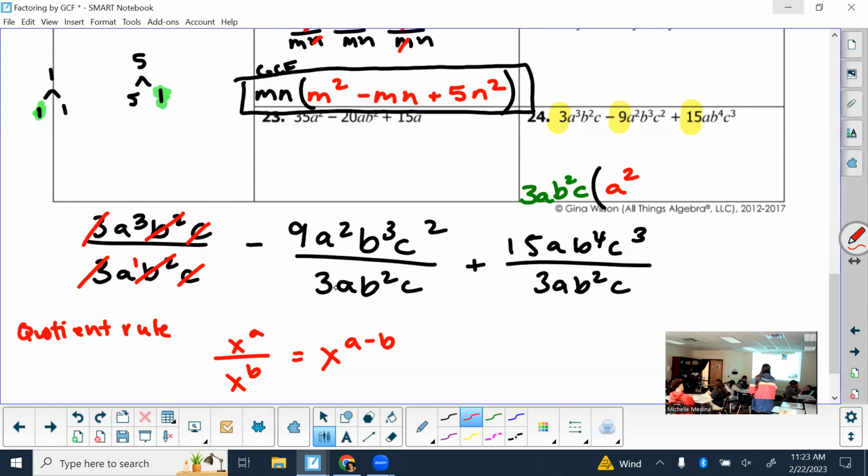Nothing cancels in the second term. What's -9 divided by 3? -3. A squared divided by A. B cubed divided by B squared. B, remember, subtract them, 3 minus 2 is 1. C squared divided by C.